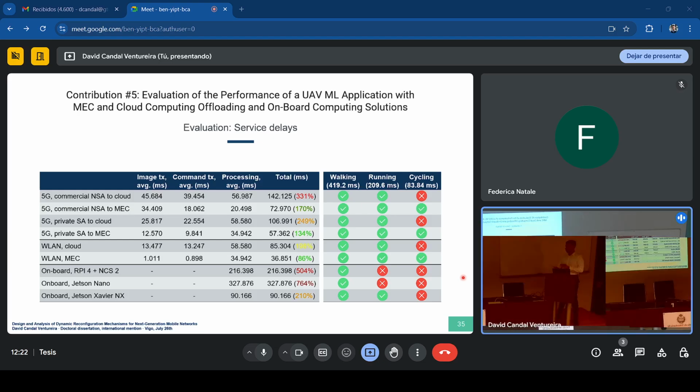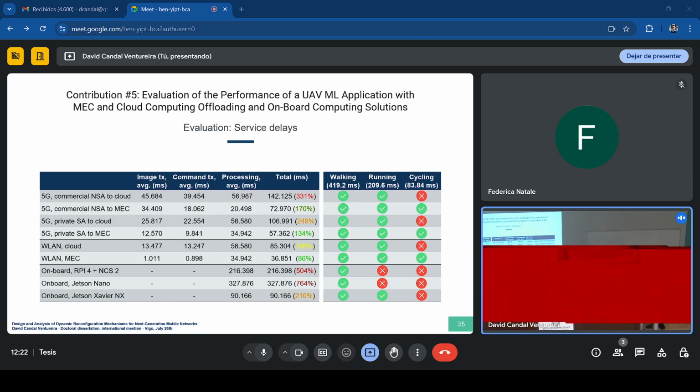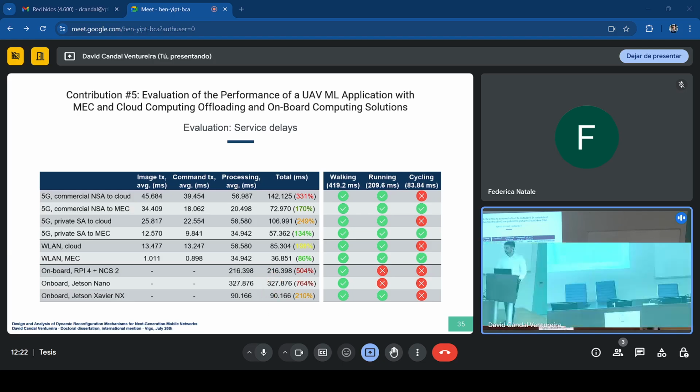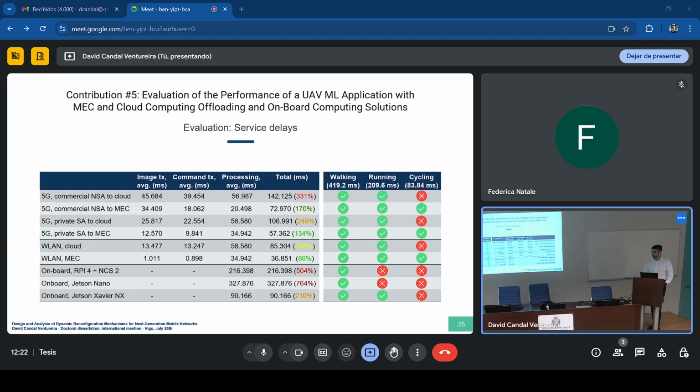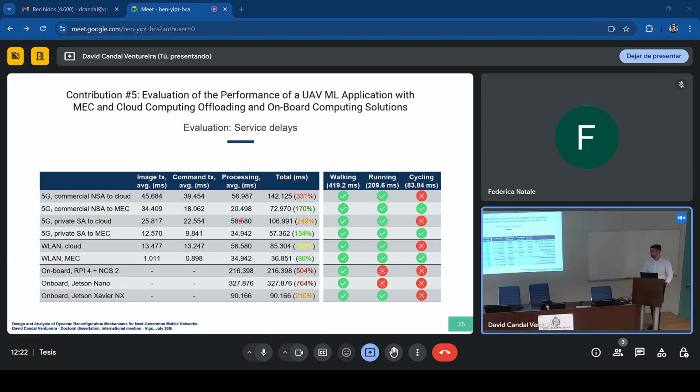Less complex applications would reduce significantly the service delay in onboard computing, whereas no significant impact may be perceived when offloading, whereas more advanced computing use cases would impact even more on onboard computing. When we compare onboard computing with offloading, we may see much better performance in offloading.